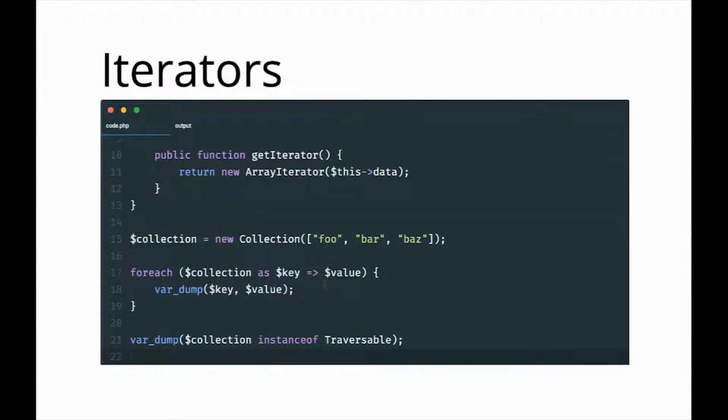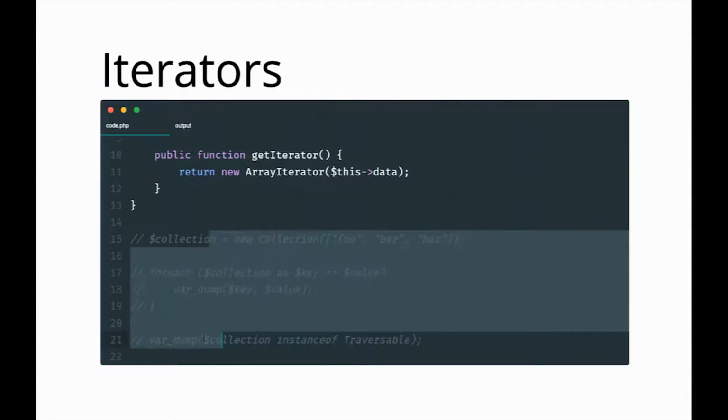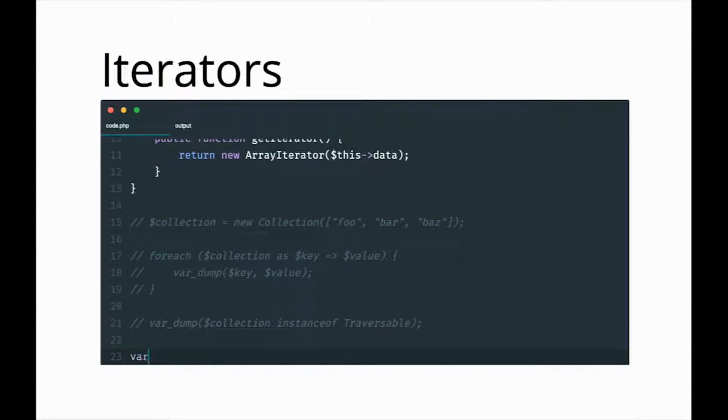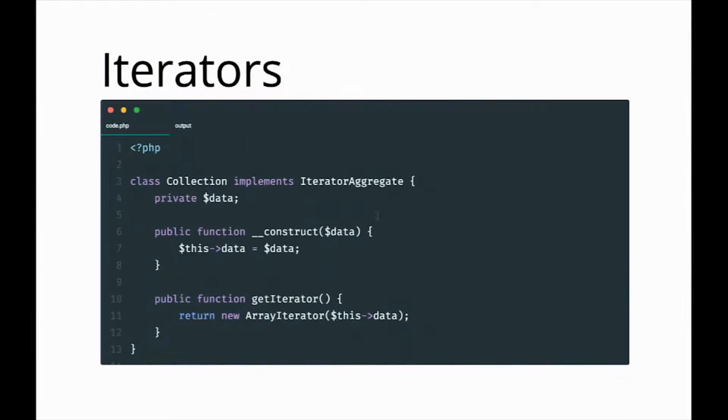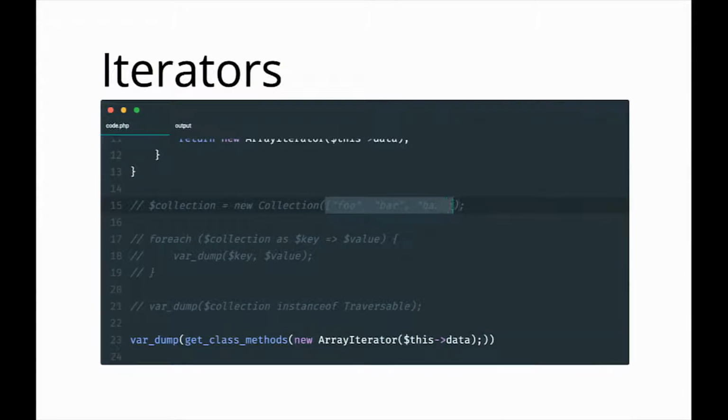Right. Before I move on, there's one more thing I want to look at from this. We're using this ArrayIterator, but I just want to make very clear what's going on here. Var dump get_class_methods. And I'll just use this array we have here, because I want to show you where those 5 methods are.